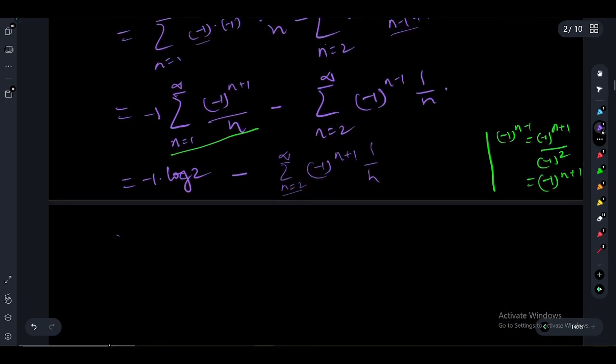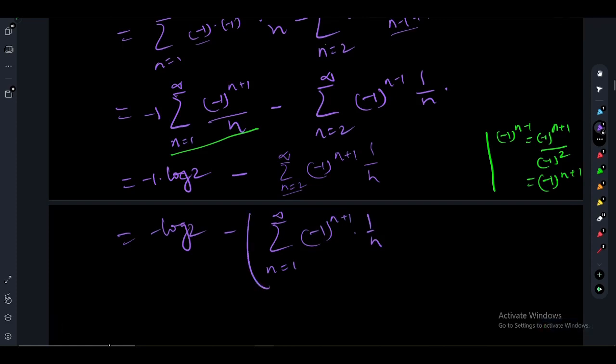So this is minus 1 into log 2, which is minus log 2, and in this case I am writing n equals 1 to infinity minus 1 whole to the power n plus 1 into 1 by n. Now what I have done, I have added an extra element into this sum. What is that element? The value of this expression at n equals 1.